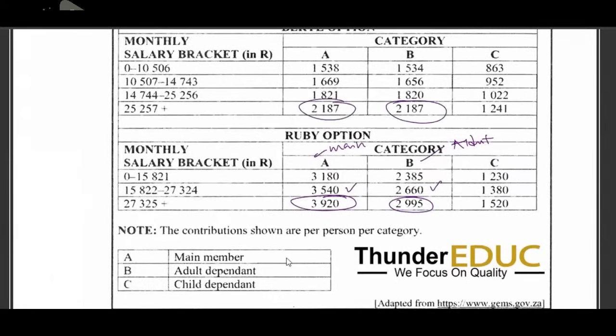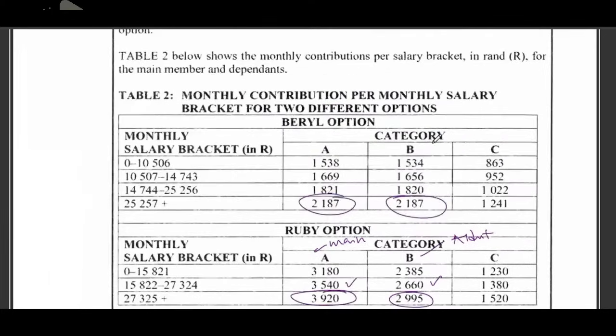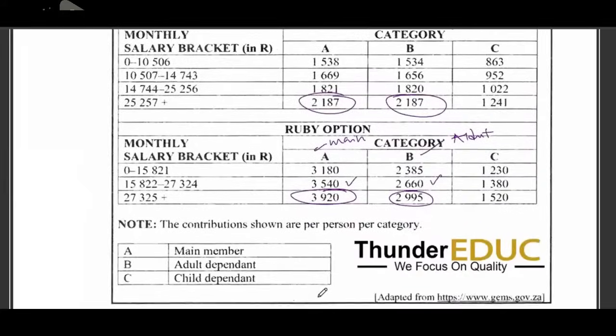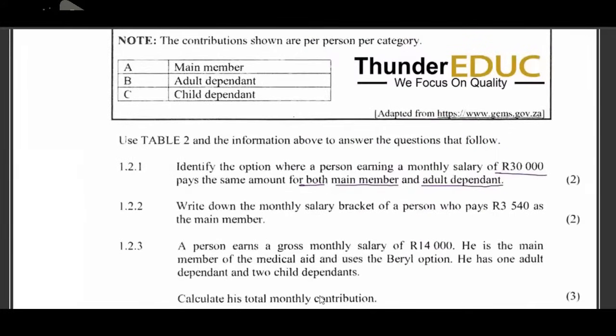So which option is it? We are going to say BL. The option is BL.